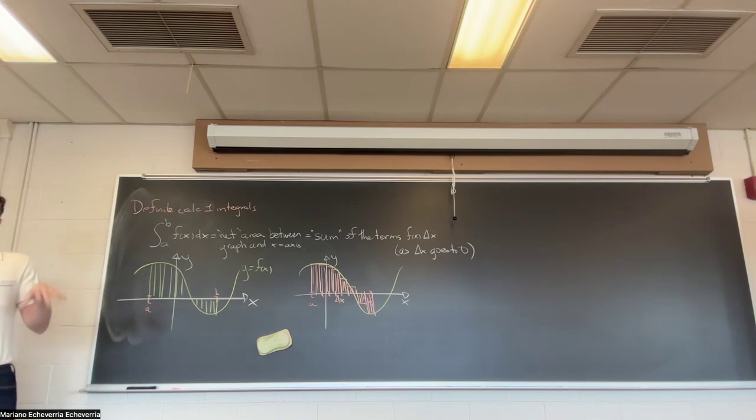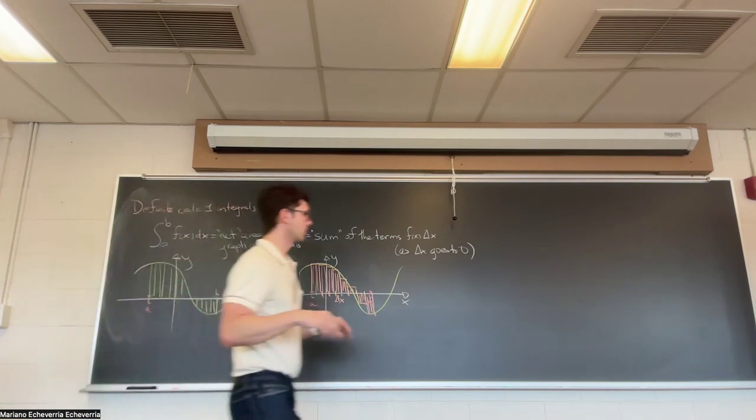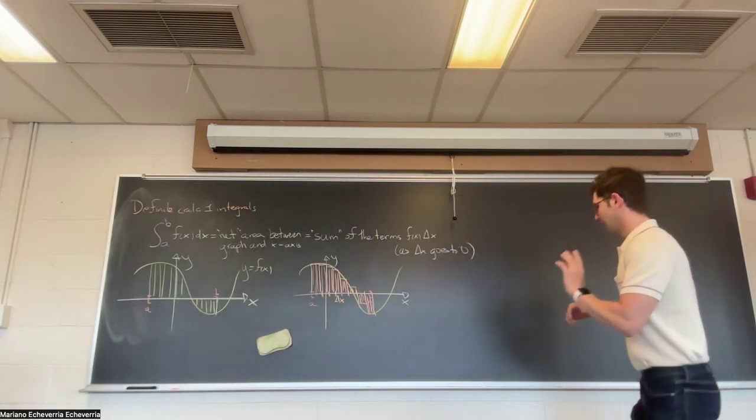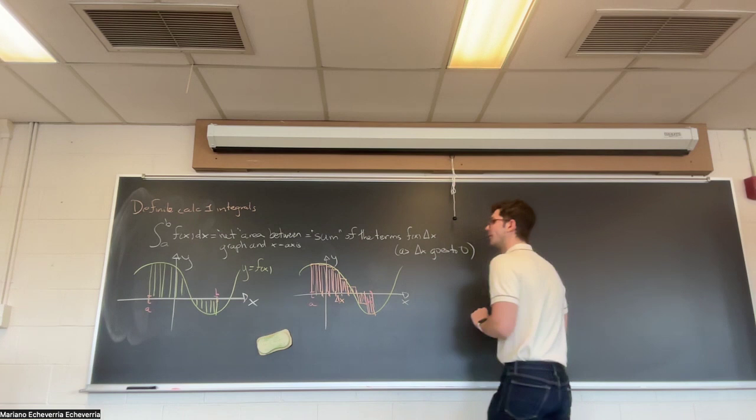Okay, and basically the same story happens for us when the function happens to depend on two variables. So what we want to start talking about today is what we'll call double integrals.